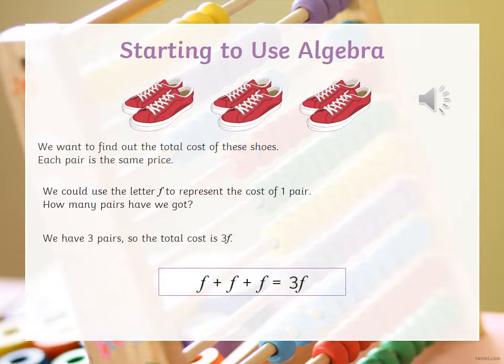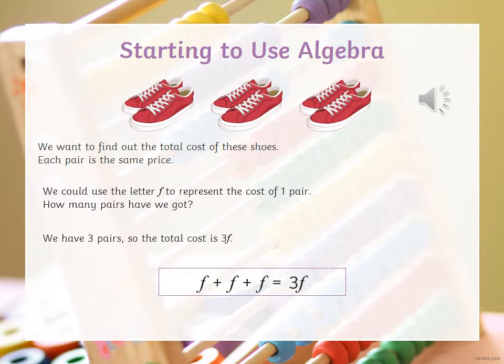To start using algebra, we have this picture. It contains 3 pairs of shoes. We want to find out the total cost of these shoes. Each pair is the same price. We could use the letter F to represent the cost of one pair.